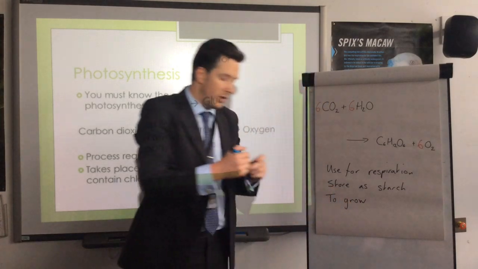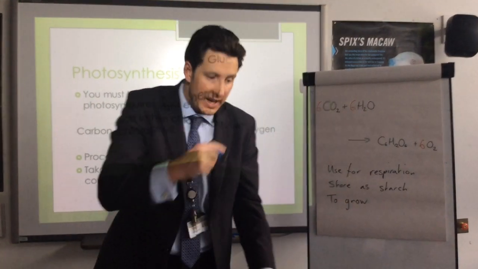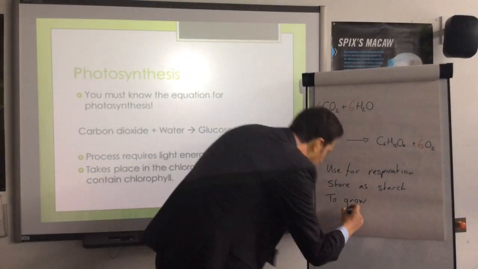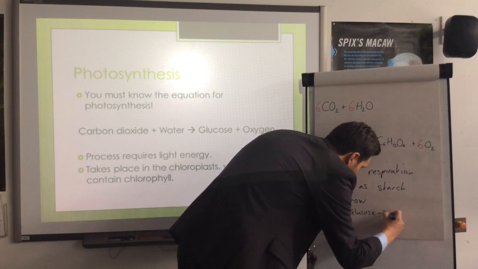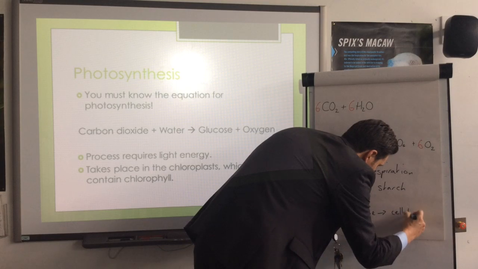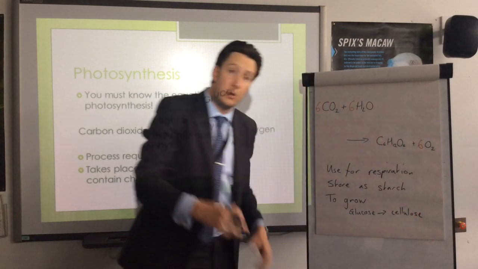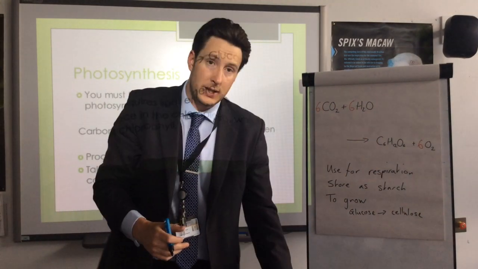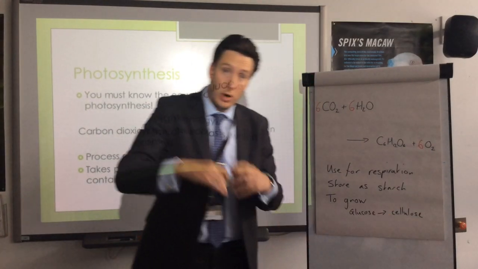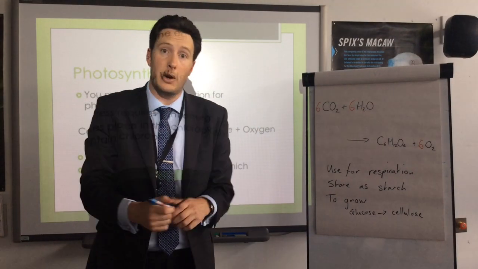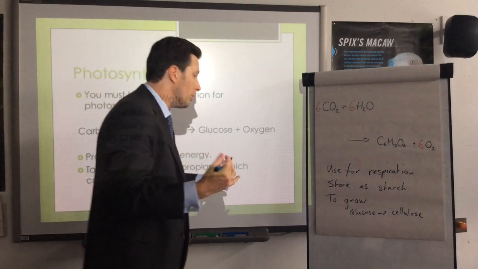And there's 2 ways you can think about it doing that. The first is it actually converts glucose into cellulose. And that's used to create the cell walls. So that cellulose is what the cell walls are made of. And it can actually use that to grow new cells, build new cell walls, so it can actually grow.